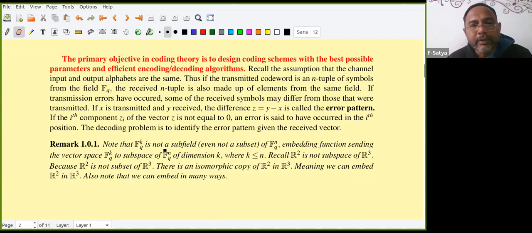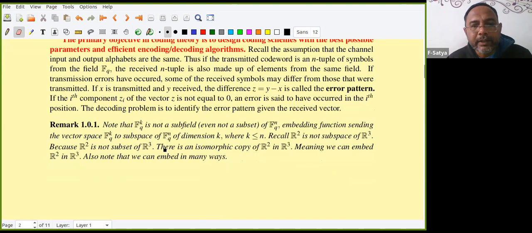Recall the assumption that the channel input and output alphabets are the same. Thus, if a transmitted code word is an n-tuple of symbols from the field F_q, the received tuple is also made up of elements from the same field. If transmission errors have occurred, some of the received symbols may differ from those that were transmitted.